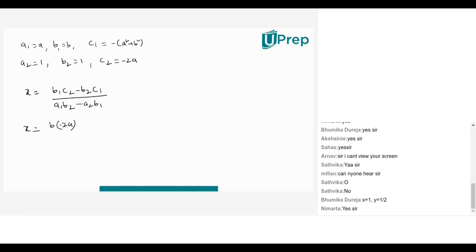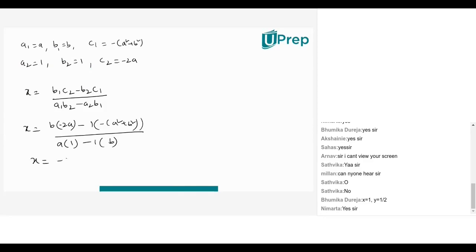Next, b2 is 1. What is c1? Minus of a square plus b square. Now that minus you have to consider. Next, a1 is a, b2 is 1, a2 is 1, b1 is b.